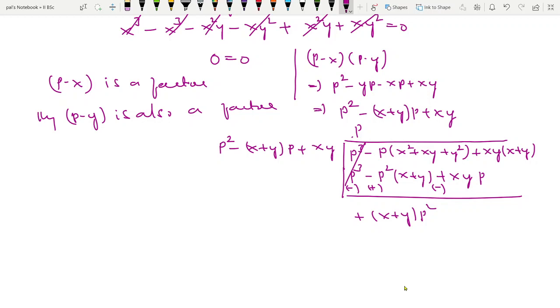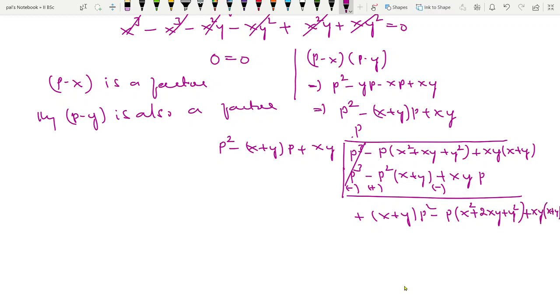So this becomes minus p into, I'm taking p as a common factor, x square plus xy plus xy plus y square. And this last term is plus xy into x plus y, as it is.